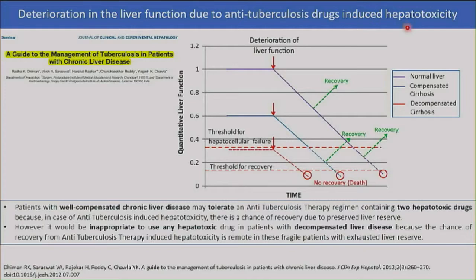If the patient has chronic liver disease or even cirrhosis, the recovery of the DILI becomes slower and more difficult. And it showed that they are also prone to have liver failure and also death.